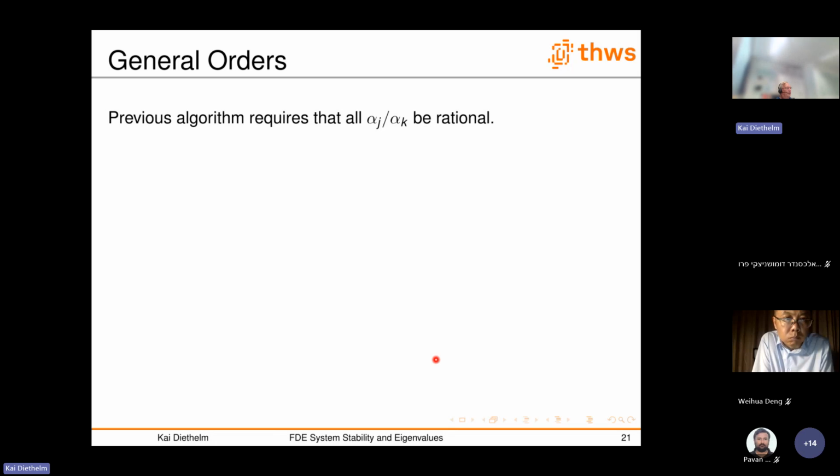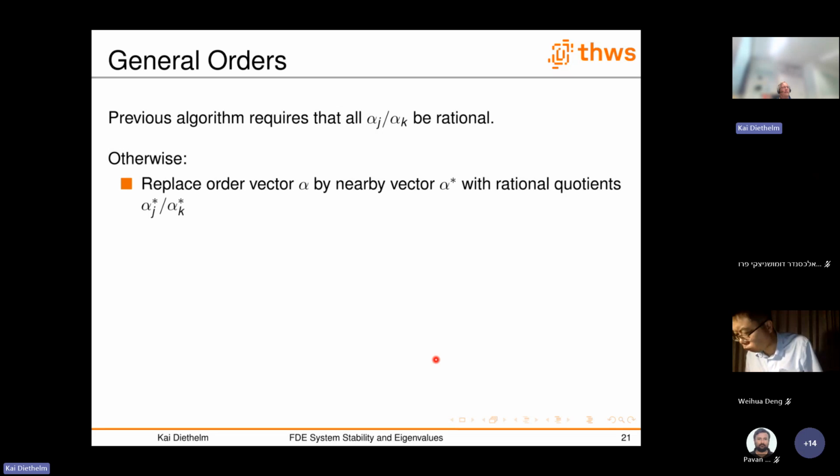What else can we do? Well, we had so far required all quotients alpha j divided by alpha k to be rational. What do you do if that's not the case in your given problem? Well, you then replace the order vector alpha by a nearby order vector alpha star where you have rational quotients. And then you apply the algorithm to the system with the new order vector.